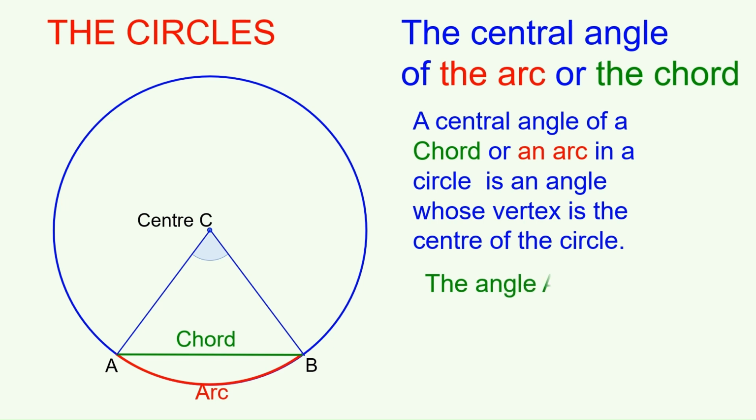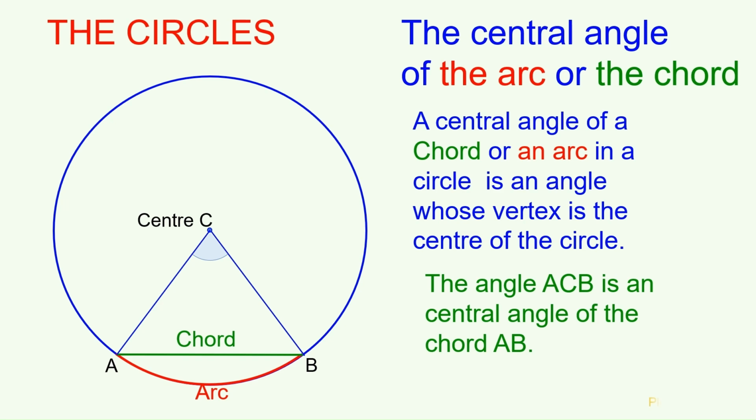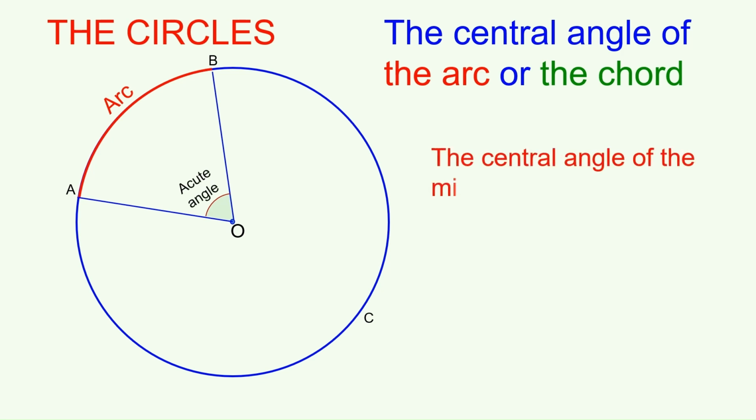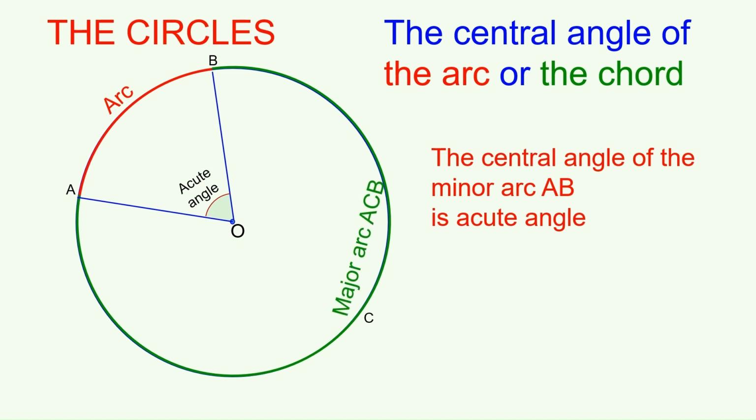The angle ACB is a central angle of the chord AB. Please note here, the central angle of the minor arc AB is acute angle. The central angle of the major arc AB is obtuse angle.